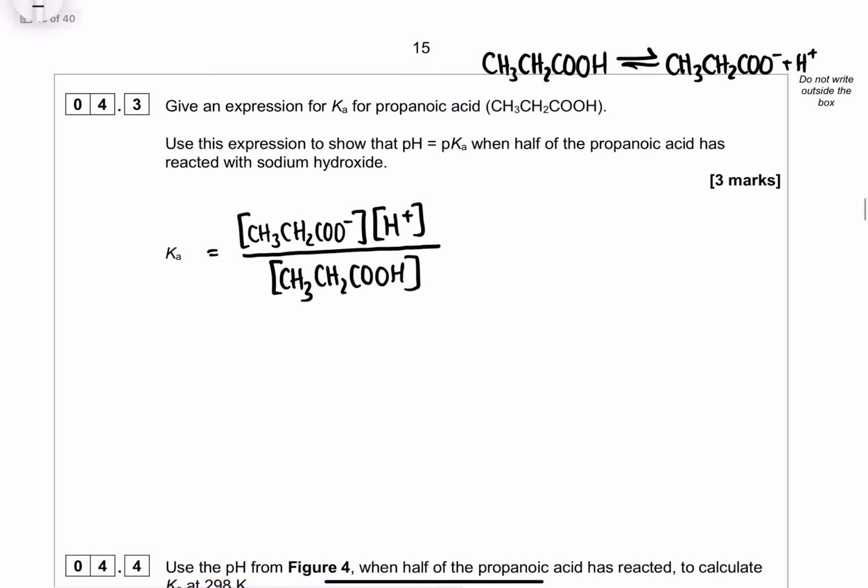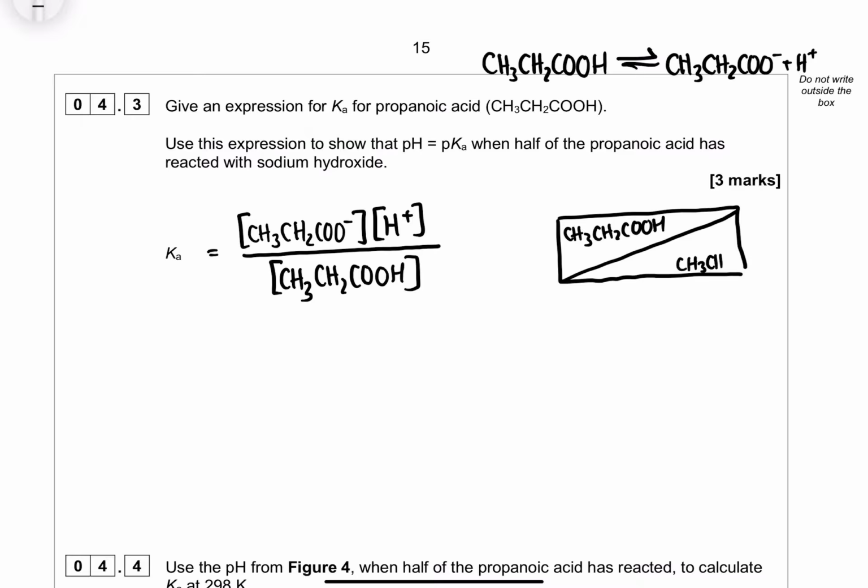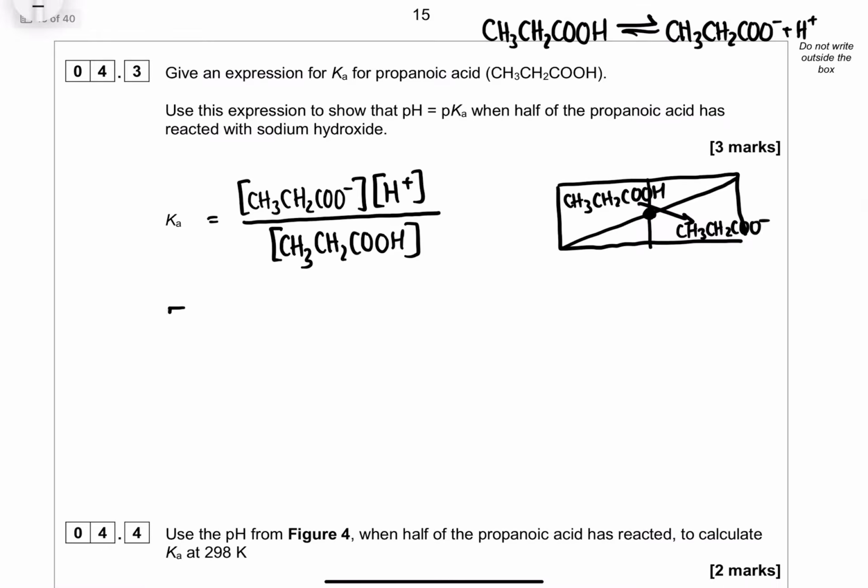Use this expression to show that pH equals pKa when half the propanoic acid has reacted. So we started off with all propanoic acid, and over time our propanoic acid is being converted into propanoate ions. When half of it has reacted, we're at this midpoint. So if you're struggling to see it, let's imagine we had 10 at the beginning and none.